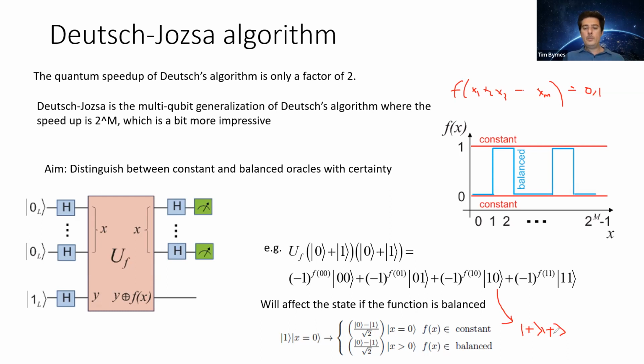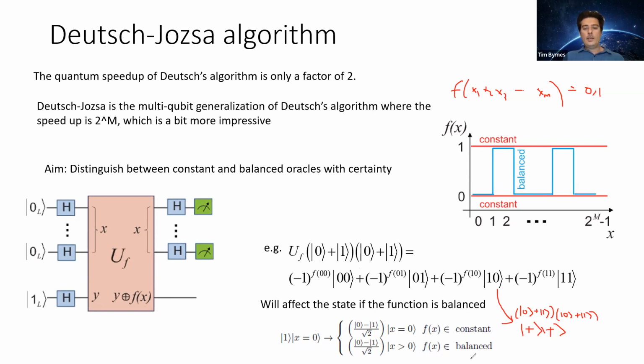Because when you do plus plus, this is like 0 plus 1, 0 plus 1 times 0 plus 1, and you'll get all these 4 cases with the plus sign. So the phase of all these is the same.